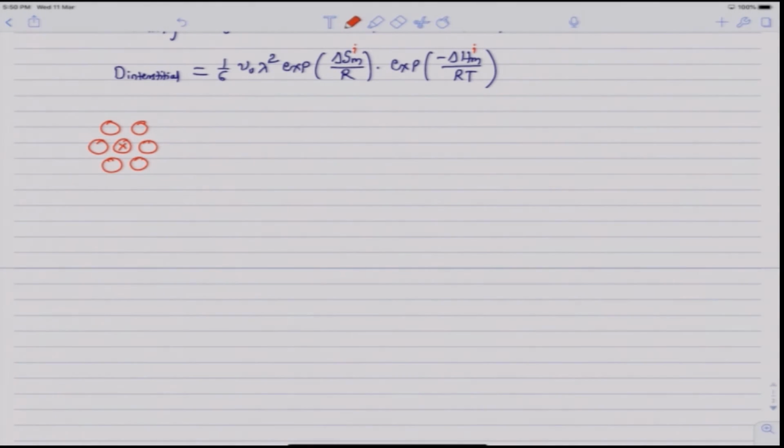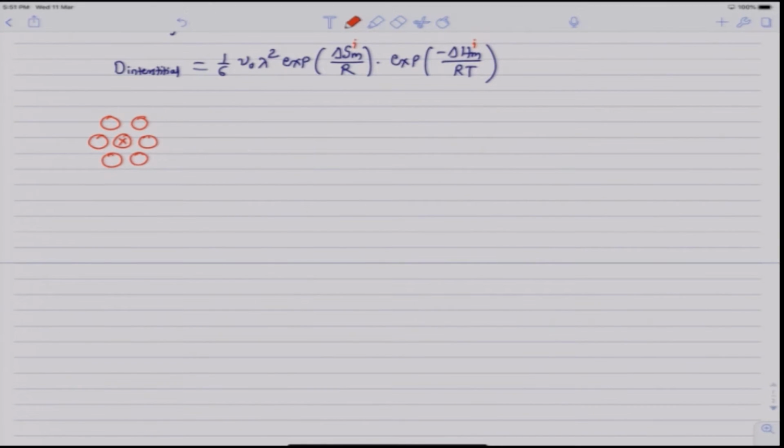So, a vacancy will randomly arrive on any of the nearest neighbors of X, and the atom X will make a random jump into that site. So, let us say the first random jump was from X to this site V here.